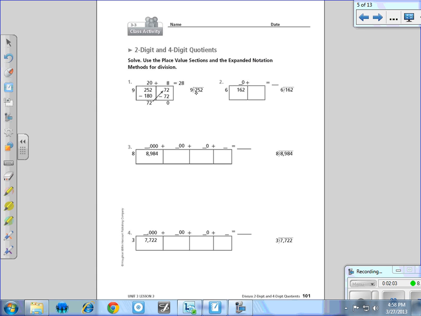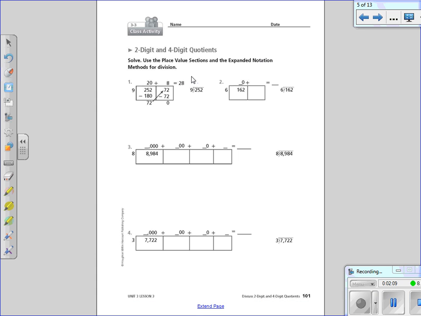9 does not go into 2, so 9 goes into 25 2 times, right? We need to add the 0. 2 times 9 is 18, so 20 times 9 is 180. Our next step is to subtract 252 minus 180 is going to be 72.